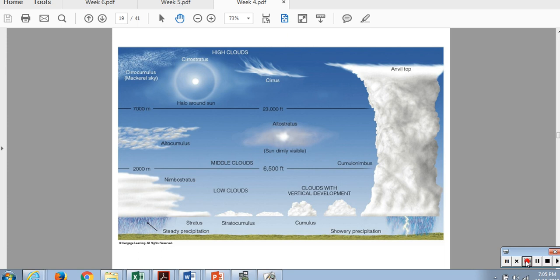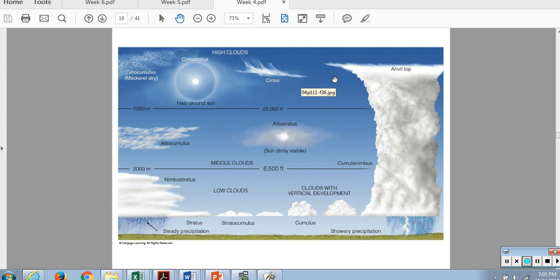You can see that all the high clouds have a cirrus or a cirro in the name. Now, cirro generally means sort of hair-like, wispy. So all of these clouds, because of their altitude, are made up of ice crystals. So it's so cold up there that the droplets have frozen.